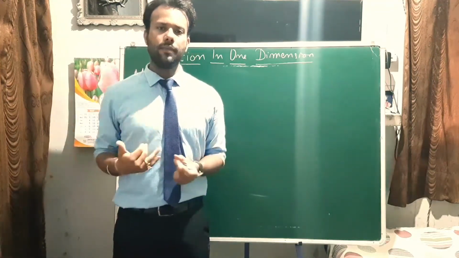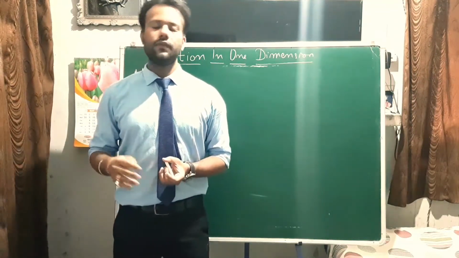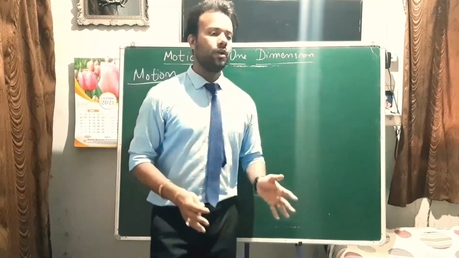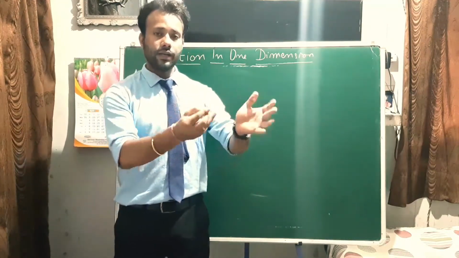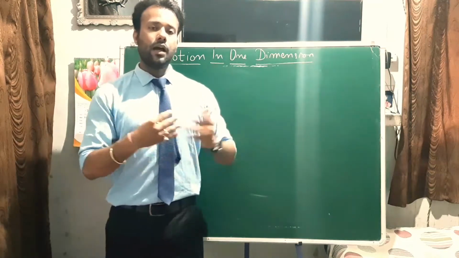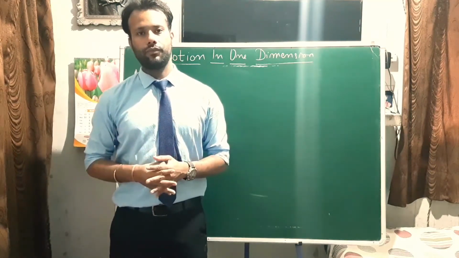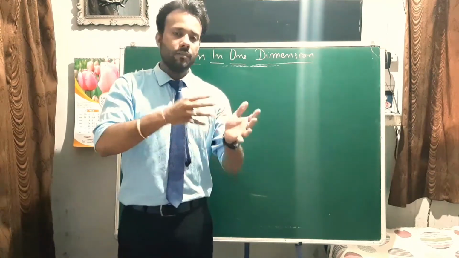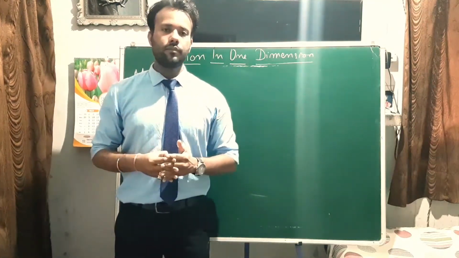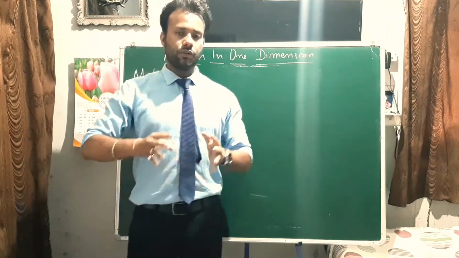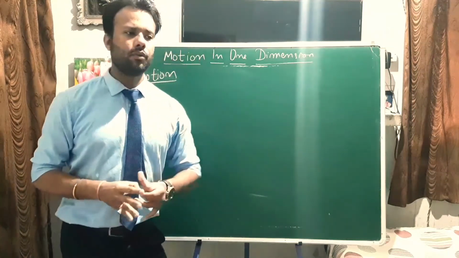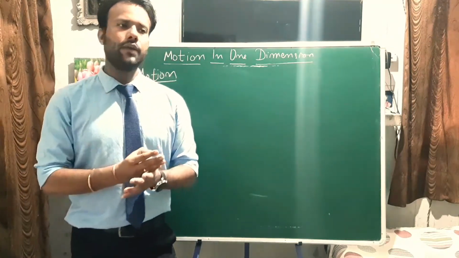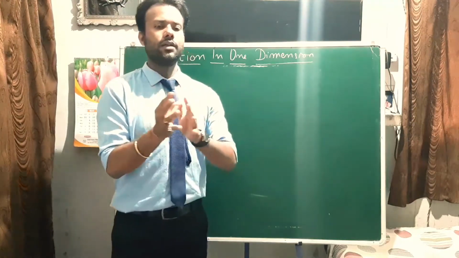That means for you, I am not stationary. But if any person who is sitting in the room sees me, then for him, I'll be stationary. So motion depends upon the reference point and from where the body is being observed.